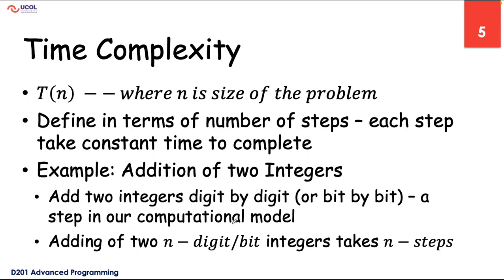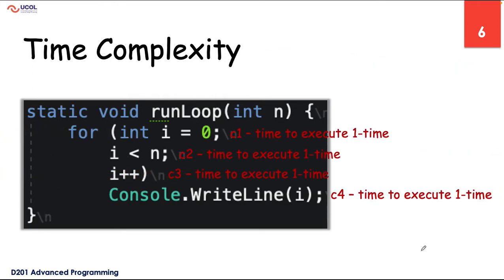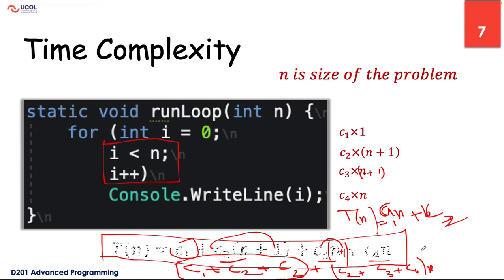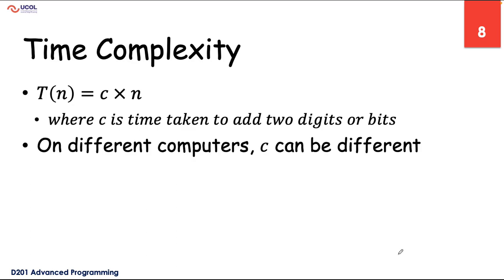So in our computational model, adding 2 n-digit or n-bit integers takes n steps. So let's go back to it. c is the time taken to execute one time, and because we are running it n times, we need to multiply with n, because we have n digits or n bits that we are adding.